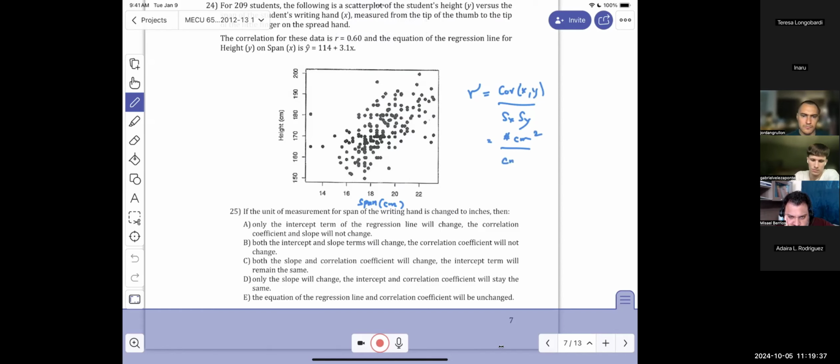And then this is going to be centimeters times centimeters, which is centimeters squared. The units will cancel, right? The centimeters squared will all cancel, and you'll just get an index that's between -1 and 1. So R won't change. R won't change. So any of the ones that say R will change are out.